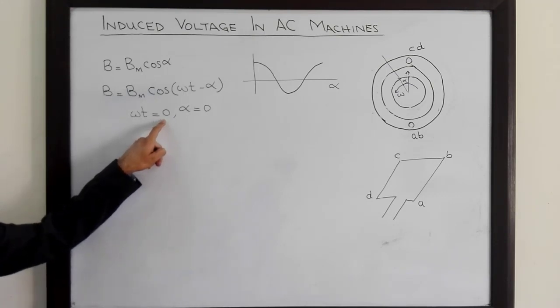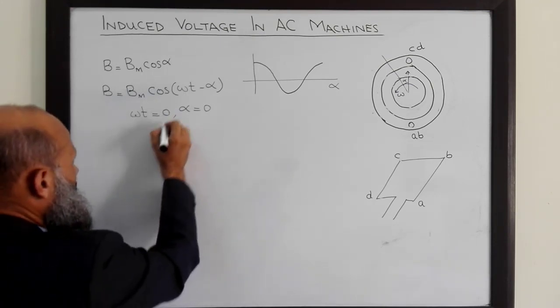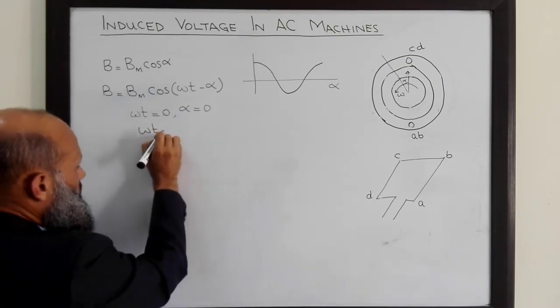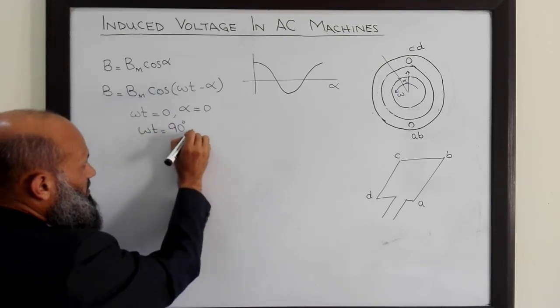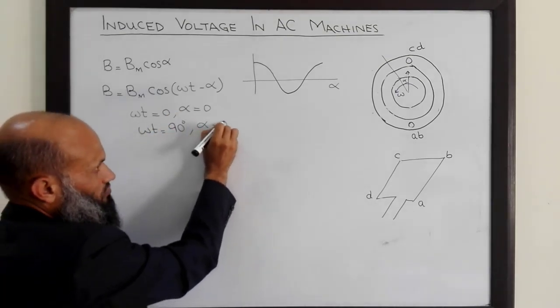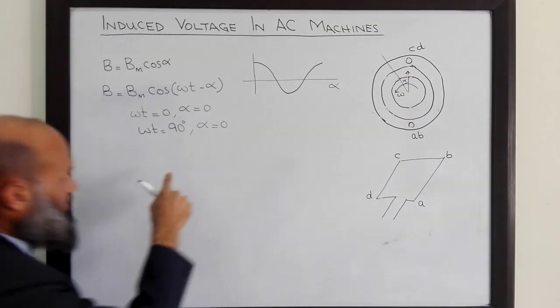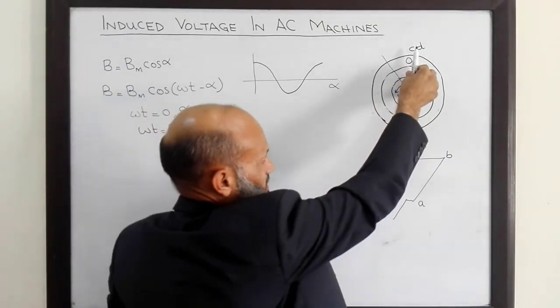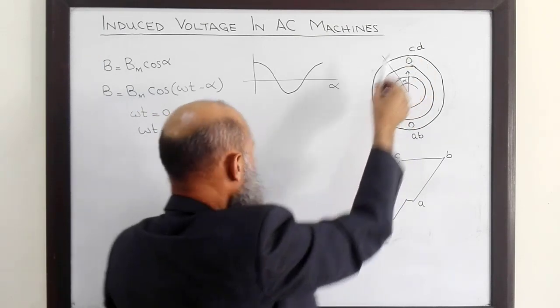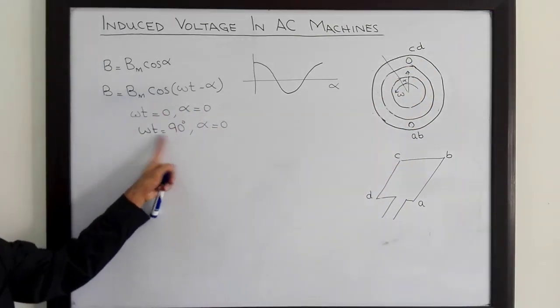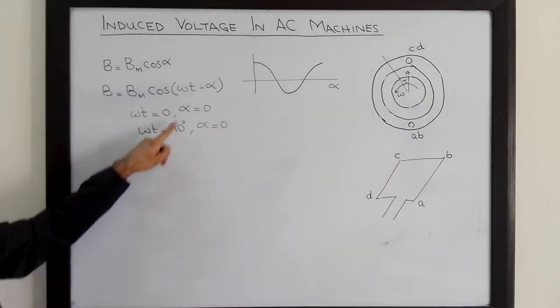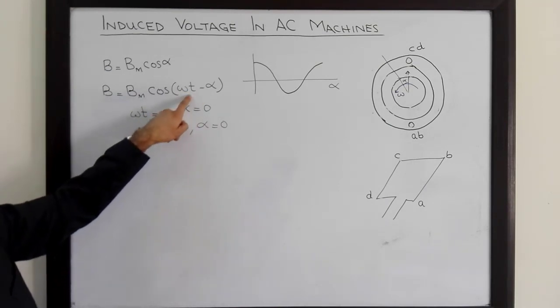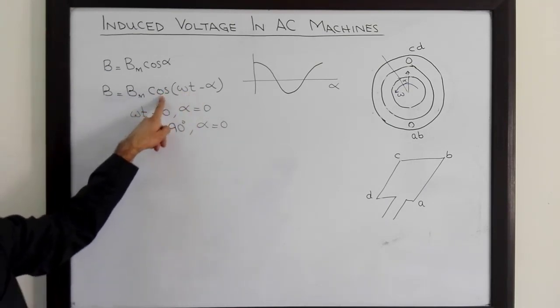At some later time instant, omega t equal to 90 degrees, we want to see the flux density in the air gap at the same angle alpha equal to 0. So what will be the situation? 90 degrees minus 0 is 90 degrees, and cosine of 90 degrees is 0.